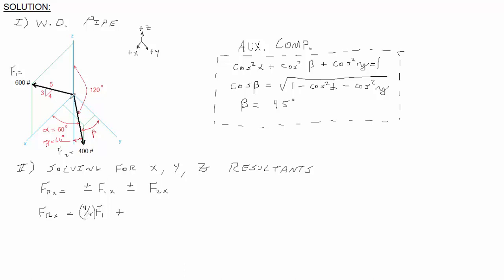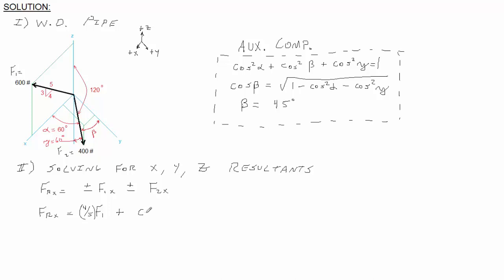Plus F2 is also going in the positive x direction. And in order to figure out F2's x component, well, we have F2 here, and there's an angle measured between F2 and the x-axis. So we could draw a right triangle that would be made up of F2, the x-axis, and then a diagonal line between the two of them. That right triangle has a 60-degree angle there.